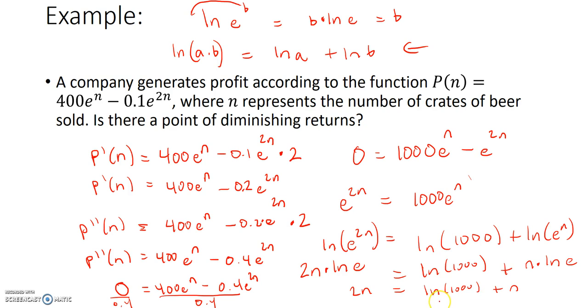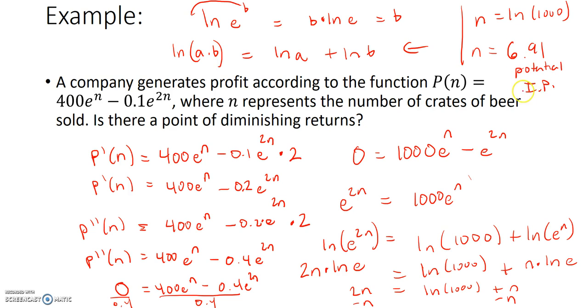The natural log of 1,000 is a constant, so I can go ahead and isolate n, and if I subtract n from both sides, then I get 1n equals the natural log of 1,000. Well, what's the natural log of 1,000? The natural log of 1,000 is something I can compute in my calculator, and I get approximately 6.91. So this is a potential inflection point.